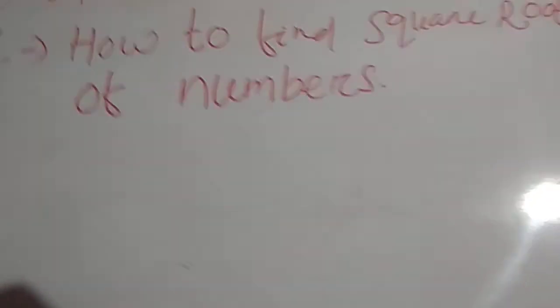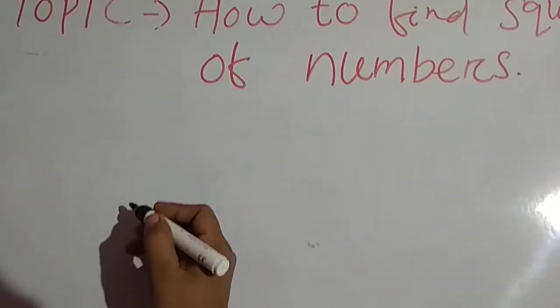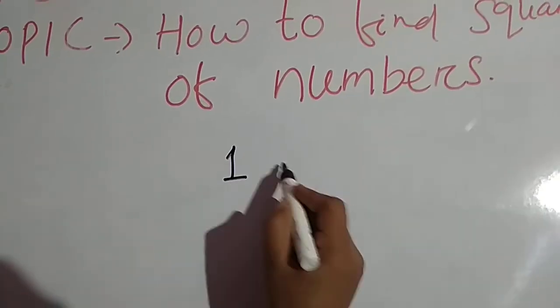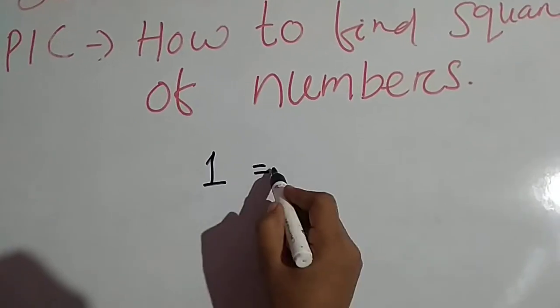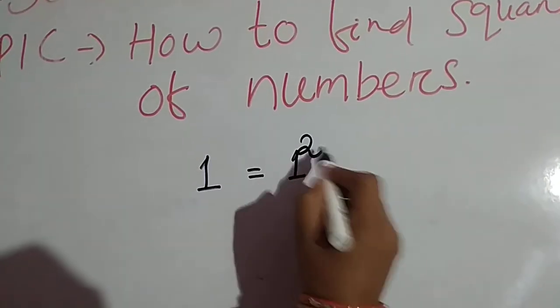So every square number can be expressed as a sum of odd numbers. Suppose 1 is the first odd number, equal to 1 square.